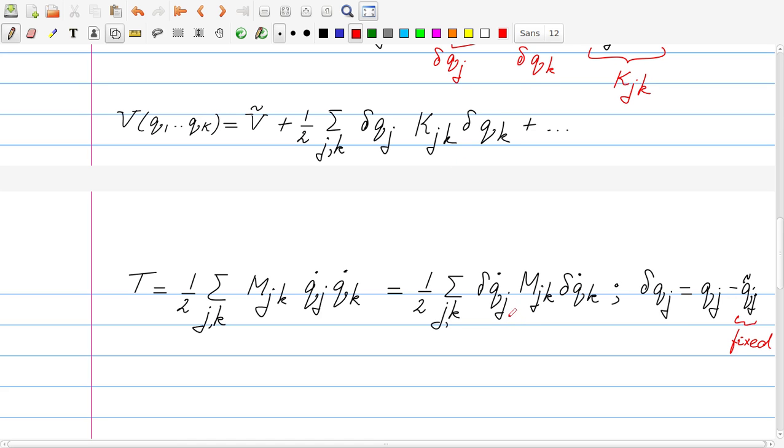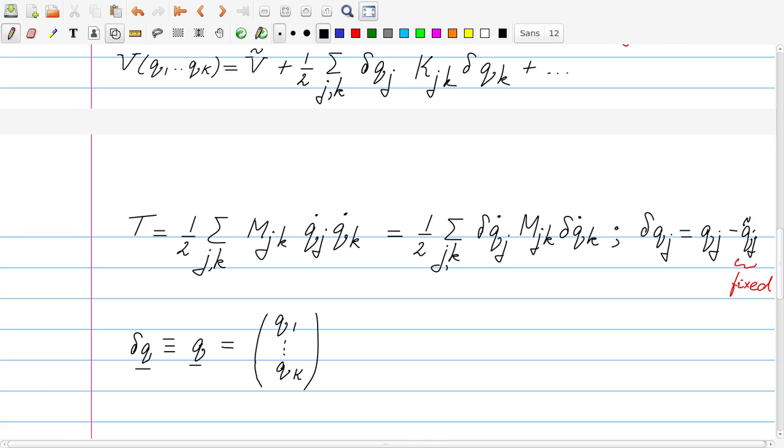The difference is that in this case we have an expansion in the delta q_j dot, and here we have an expansion in the delta q_j, and the matrices obviously are different. This is the second derivative of the potential with respect to q_j and q_k, and the M_jk is the second derivative of the kinetic energy with respect to q_j dot and q_k dot.